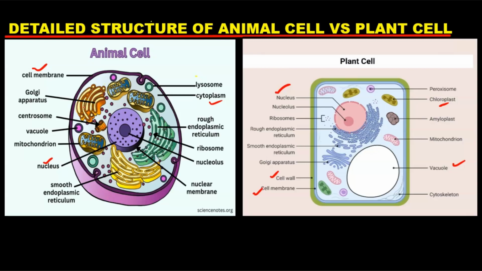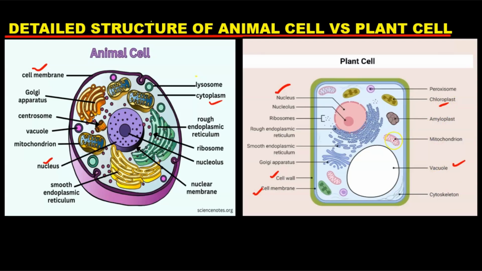Since we've looked at the simple structure and the parts that are common, we have the cell membrane, nucleus, and cytoplasm. But in terms of their differences, we said animal cells do not have the cell wall, do not have the vacuole, or if they are there, then they are small, and do not have a chloroplast.